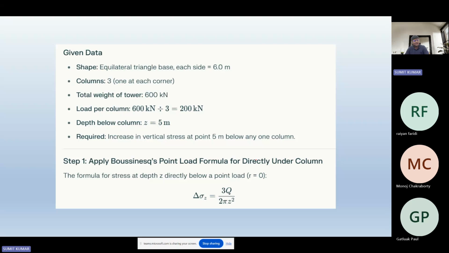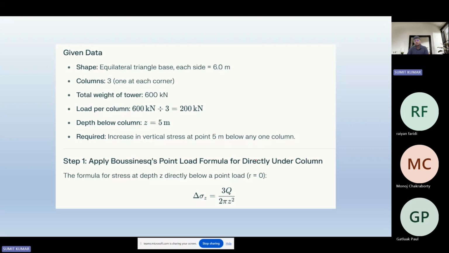In that direction, we are going to apply the Boussinesq equation to calculate the stress. First of all, we calculate the stress just below the column, so the value of r is going to be 0. So delta sigma z is, as we remember the formula, 3 by 2 pi into Q by z square, multiplied by 1 by (1 plus r square by z square) whole power 5 by 2.